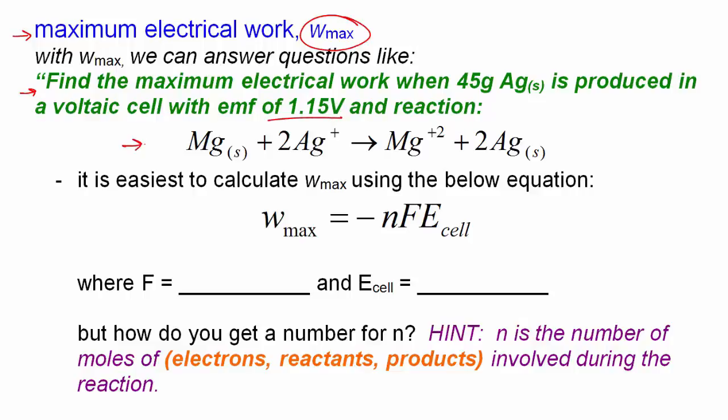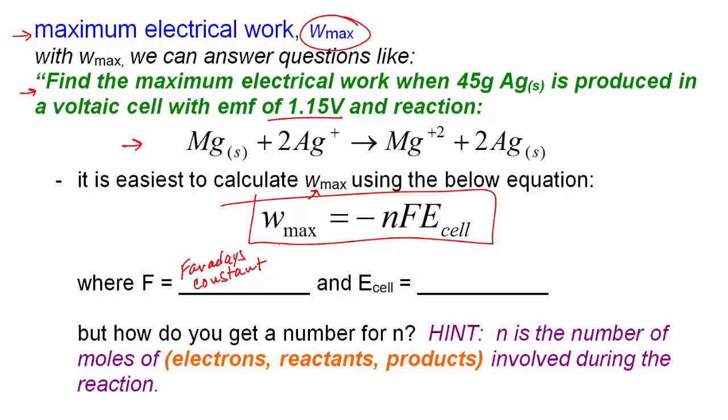So what we're going to do is find this Wmax using this equation. And what are all these numbers? F is the Faraday's constant. It's the charge on 1 mole of electrons. So there's 96,485 coulombs per mole of electrons.